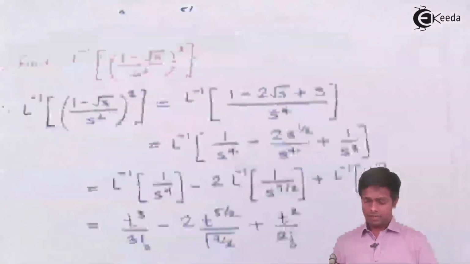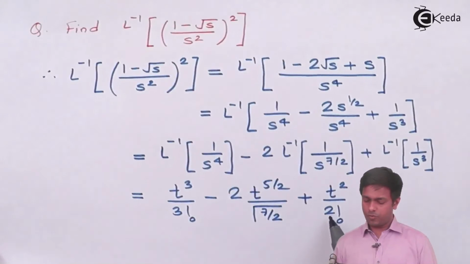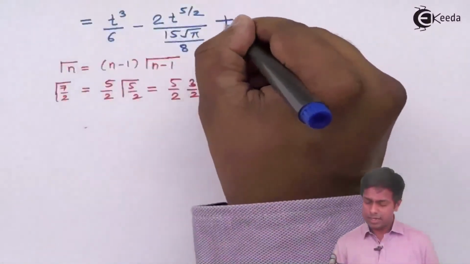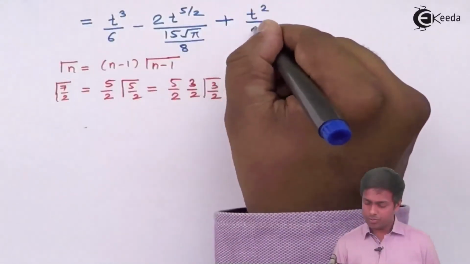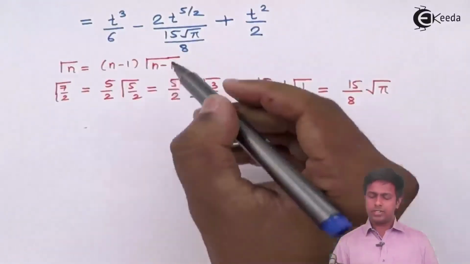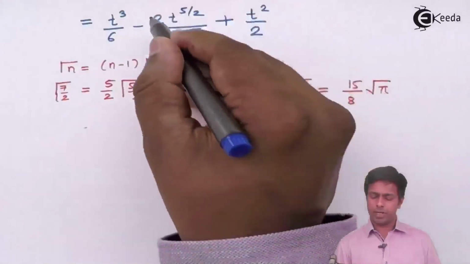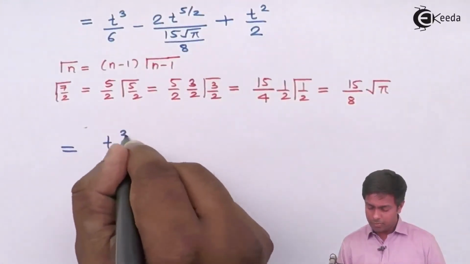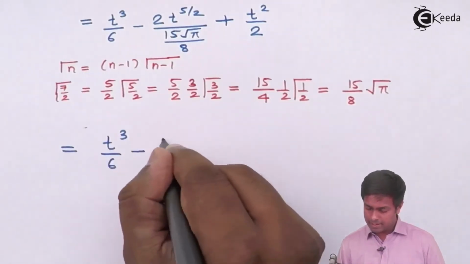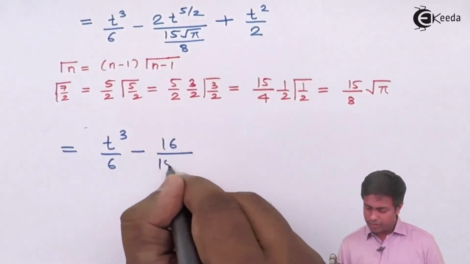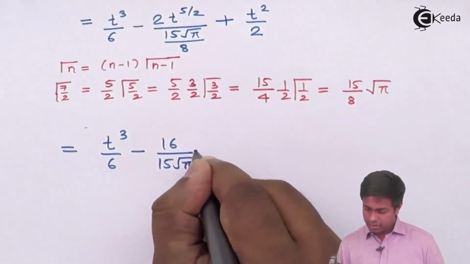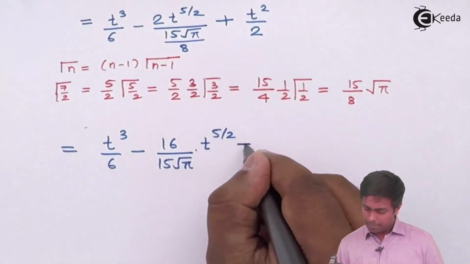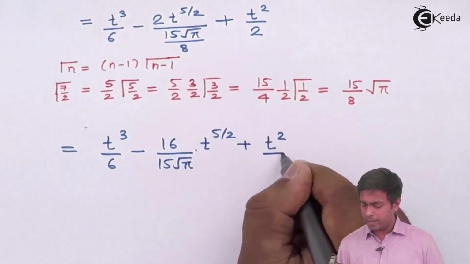Next, it is plus 2 factorial. Now 2 factorial is 2, so that will become plus t square upon 2. Now let's take this 8 in the numerator, that will become 8 times 2, 16, and we will get t cube by 6 minus 16 upon 15 into root pi into t raised to 5 upon 2 plus t square by 2.